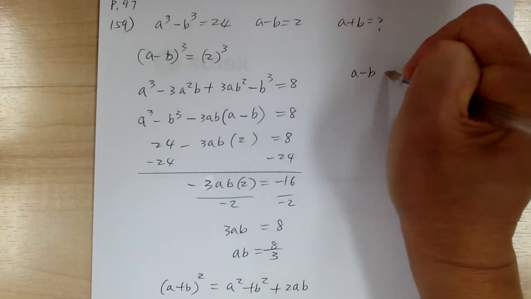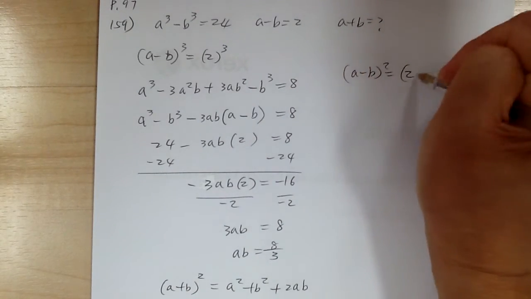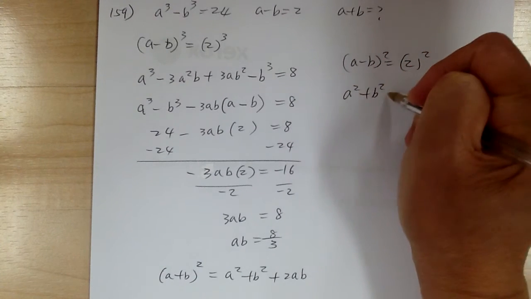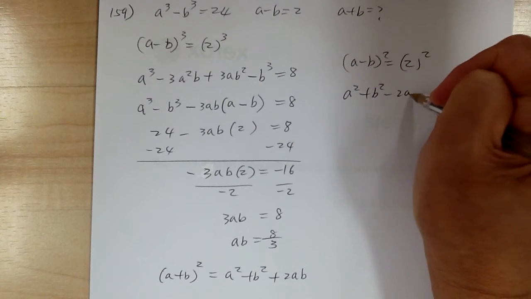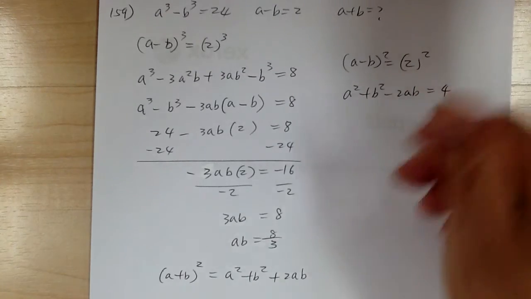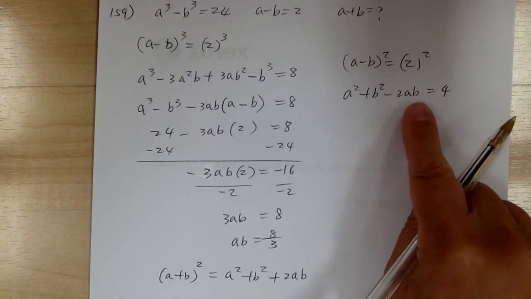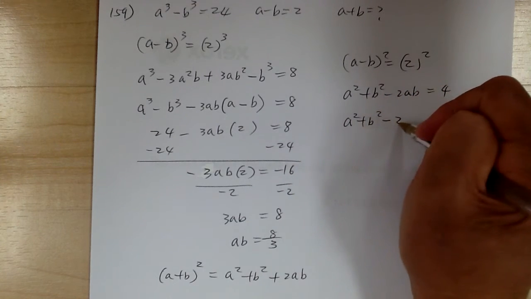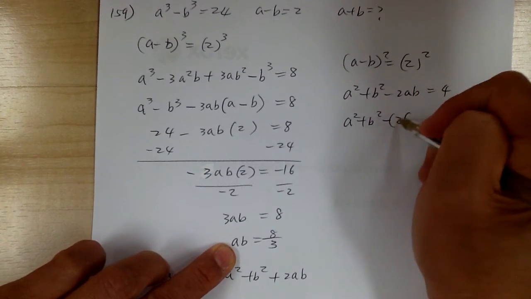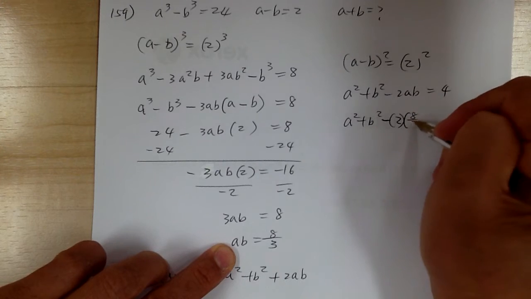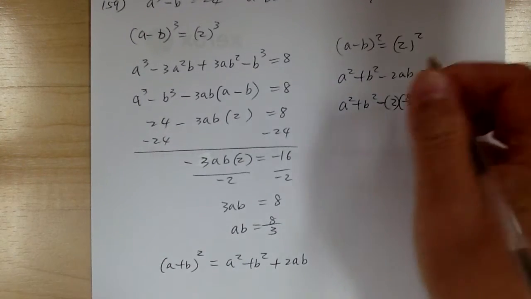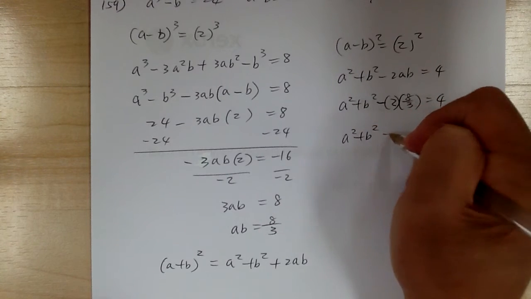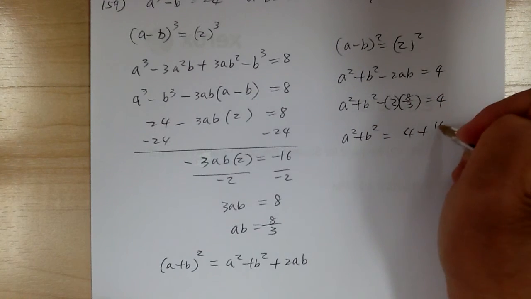So a minus b equals 2. You square both sides. So you get a squared plus b squared minus 2ab equals 4. And we know what this is. So a squared plus b squared minus 2ab, with 2ab being 16 over 3. So a squared plus b squared will equal 4 plus 16 over 3.